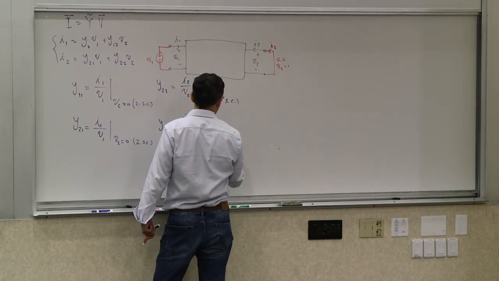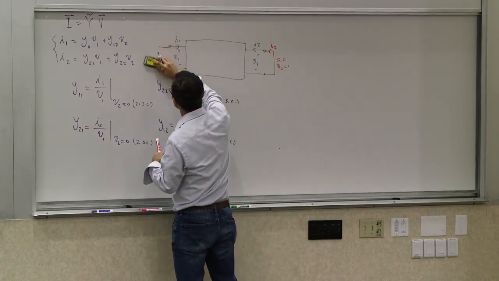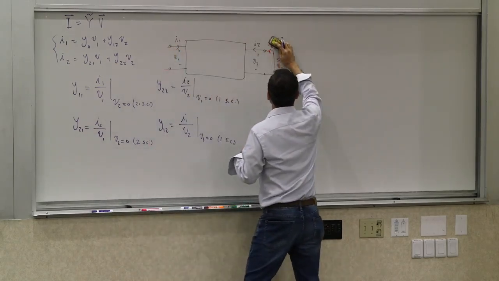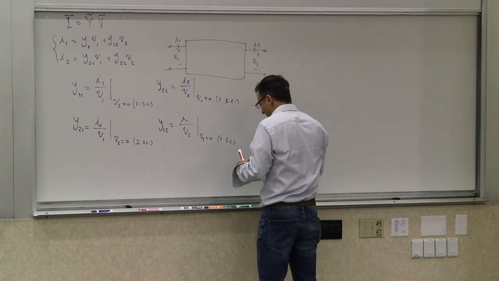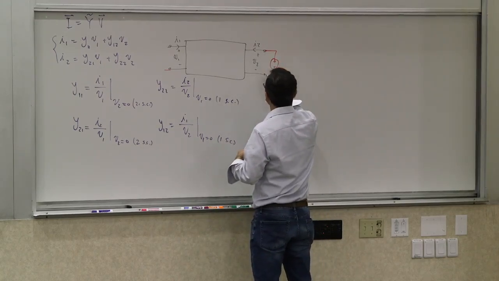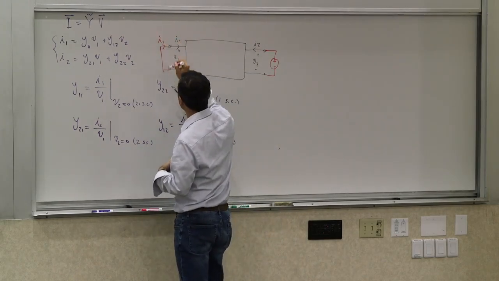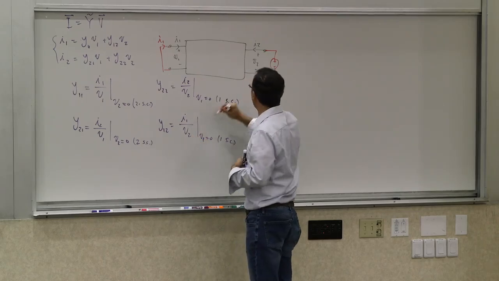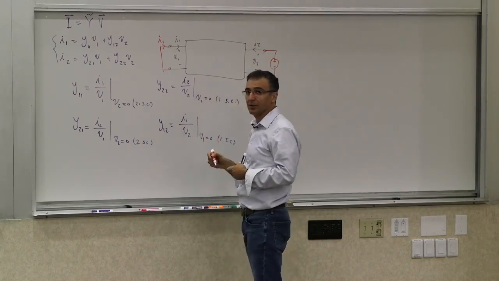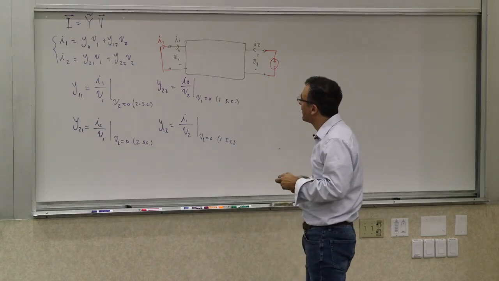So for determining these two, this time you apply a voltage source of V2 to the other side, short-circuit port 1, and measure this current I1 for one calculation, and measure this current I2 for the other calculation.